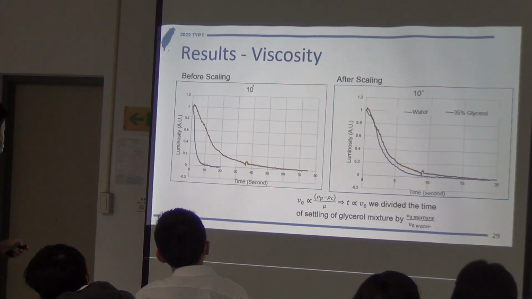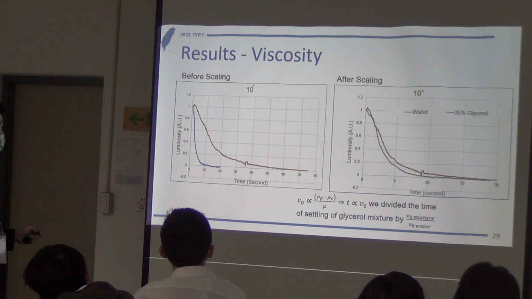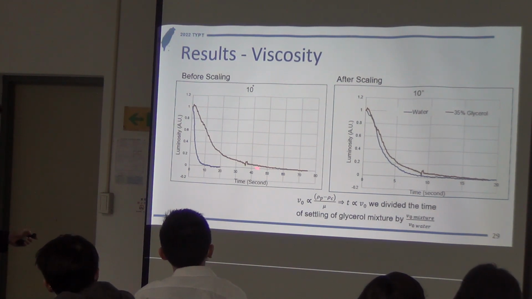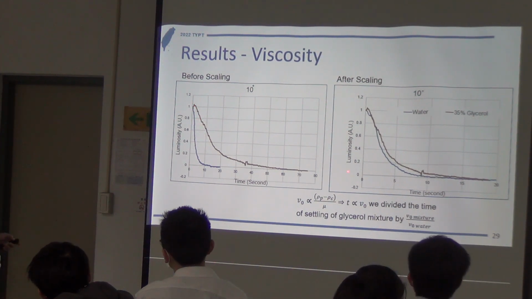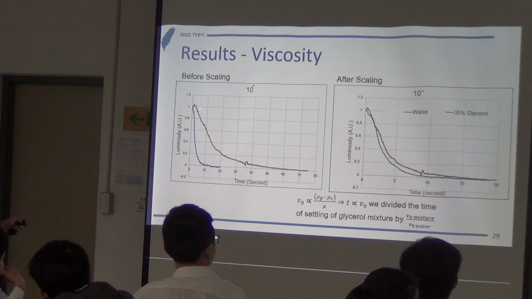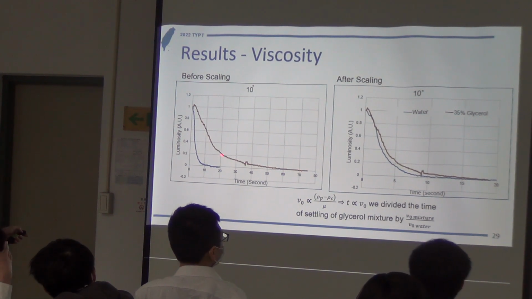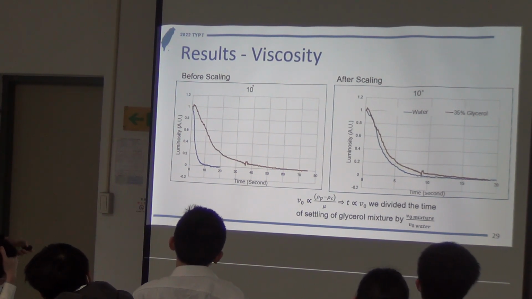And finally, we vary the viscosity of the fluid, and this changes the slow settling speed. And here are two lines showing the luminosity change for 10 degrees tilt. And not surprisingly, the container with the slower particle velocity has a slower settling rate.